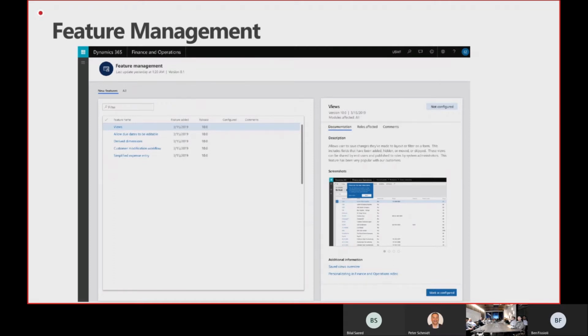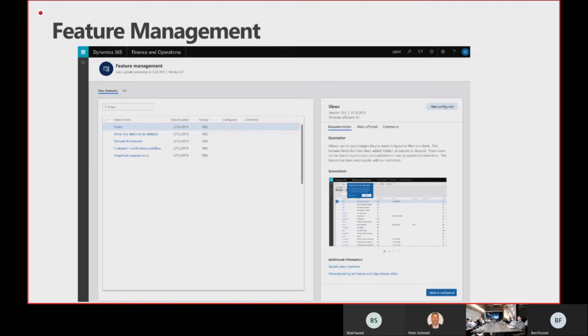So there's now this facility to turn a feature on. By default, the feature's not on. You would get your new update, turn that feature on, check it's what you want, and then turn it on in your own time. So the feature's there, it just may not be turned on in the release process. Again, you have that control.